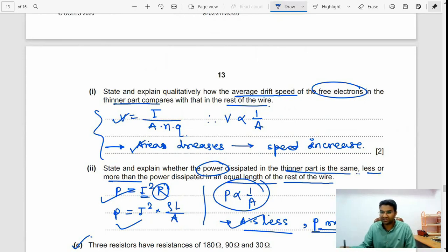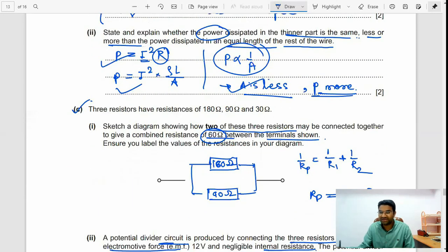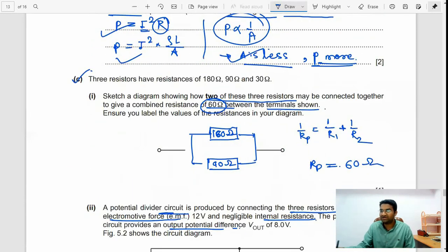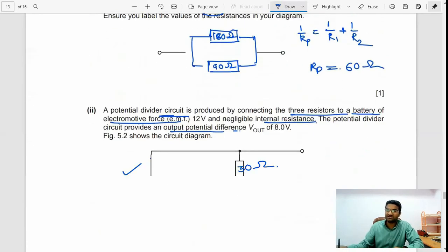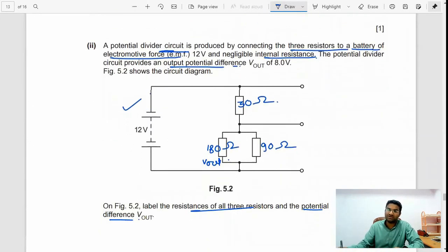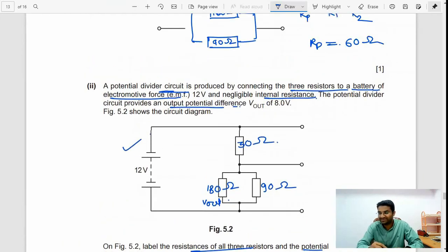It's an inverse relation. Then we compared the power and the area. If area is less, power is more. If area is more, power is less. Then we showed the probable combination to get the 60 ohm resistance out of the given three resistors, 180 ohm, 90 ohm and 30 ohm. And in the last part, we labelled the resistance and potential difference. Okay, that's it.